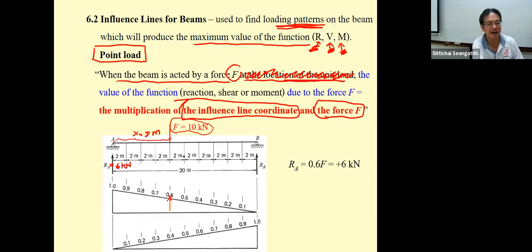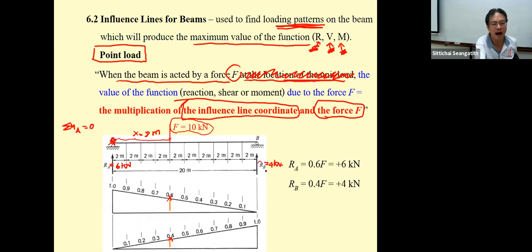If we would like to determine it due to the 10 kilonewton, the reaction R sub B is going to be 4 kilonewton. We can prove this easily. Summation of the moment at A equal to 0.